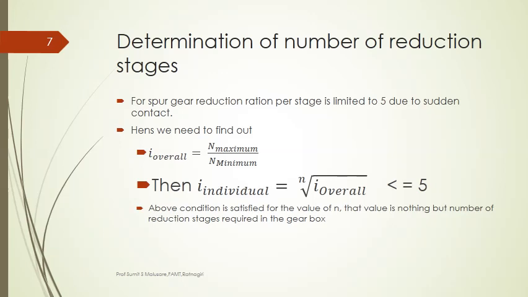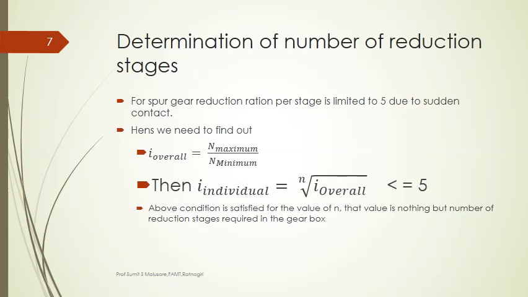So how do we find the number of stages? We calculate I individual, which is the nth root of I overall, and check whether it is less than or equal to 5. Suppose I overall is 12. The first root, 12, is not less than 5, so go for the second root, the square root.